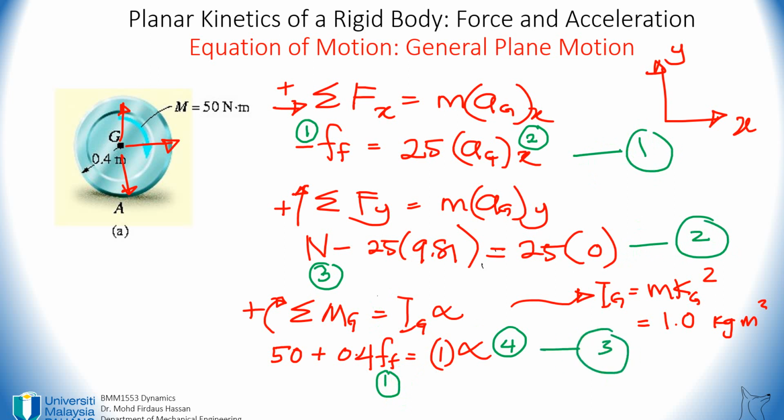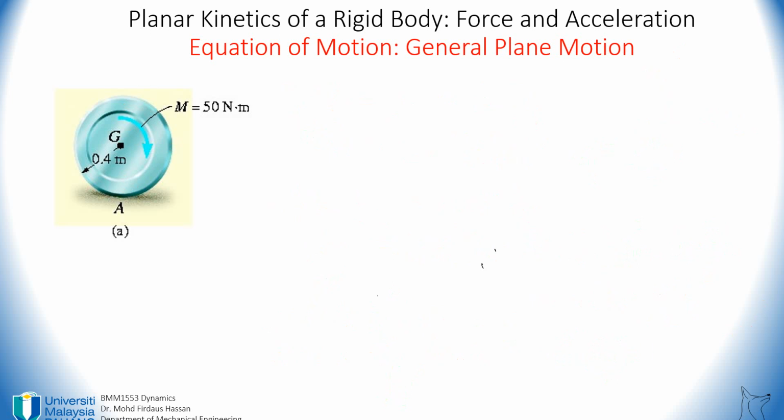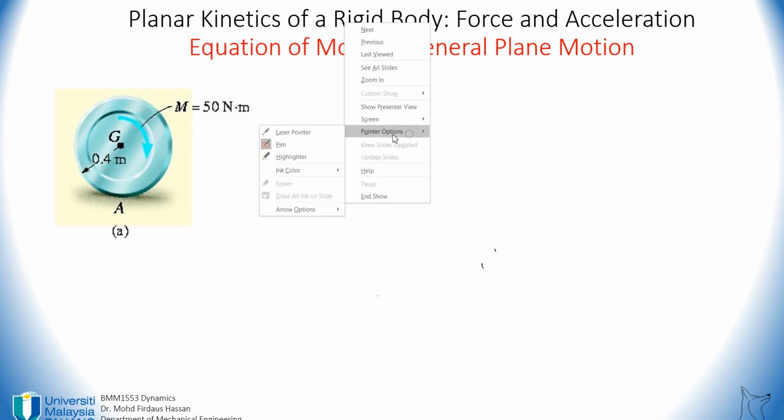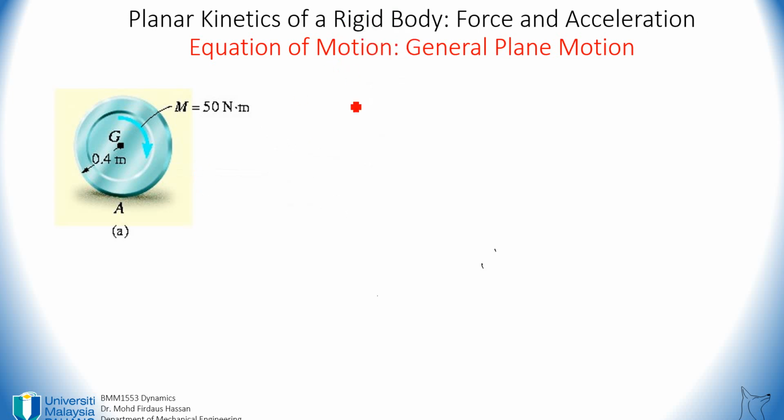Now this is where the fourth equation comes in. When you assume it rolls without slipping, you have aG x equal to rG, which is 0.4, times alpha.